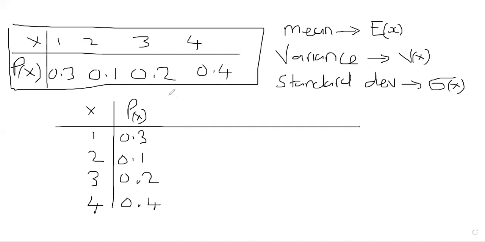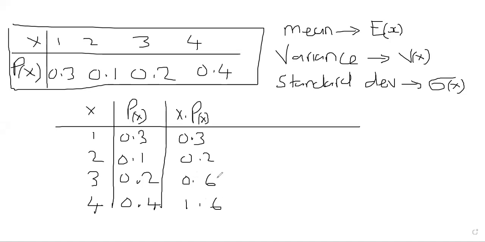So to find my expected value, or E of X, what I need to do is simply multiply these two. So the column X times the probability of X. As simple as that. So 1 times 0.3, we get 0.3. 2 times 0.1, we get 0.2. 3 times 0.2, we get 0.6. And 4 times 0.4, we get 1.6.